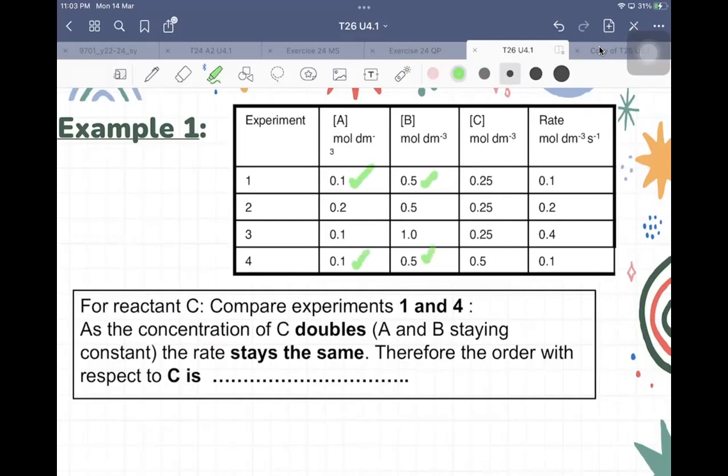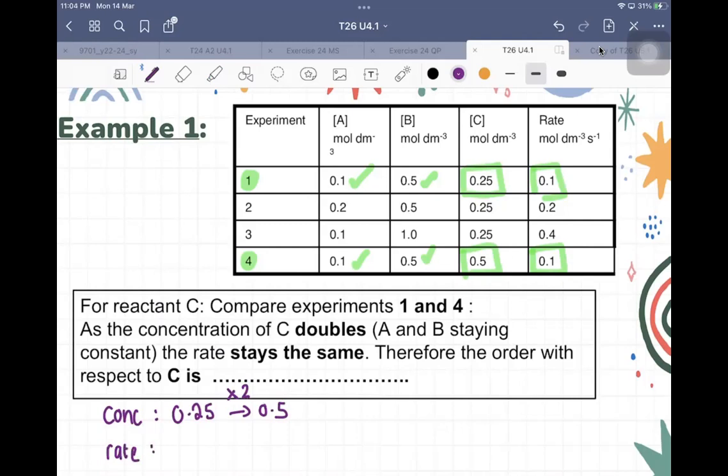You can see that is experiment 1 and 4. Our concentration of C goes from 0.25 to 0.5, and the rate stays the same. So if I were to write down my working, concentration of C goes from 0.25 to 0.5, and that is an increase by a factor of 2.